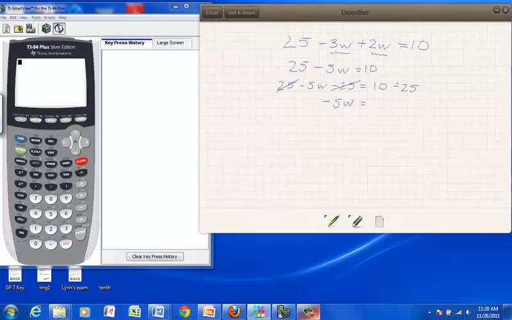And 10 minus 25, or plus a negative 25, is a negative 15. And my last step, I want to divide by negative 5 on both sides. And negative 15 divided by negative 5 is positive 3.